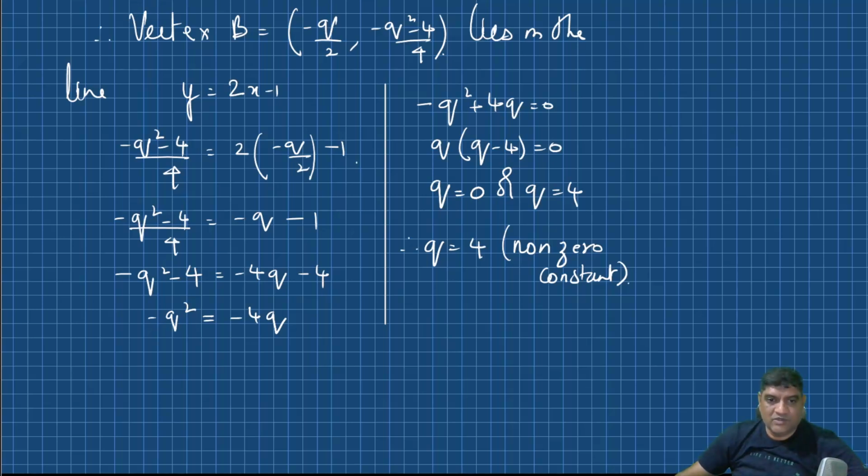Alright, let's quickly look at the marking scheme. You get an A1 for choosing the value for q as equal to 4, and one mark for getting this equation.